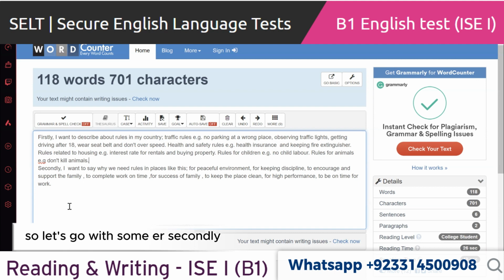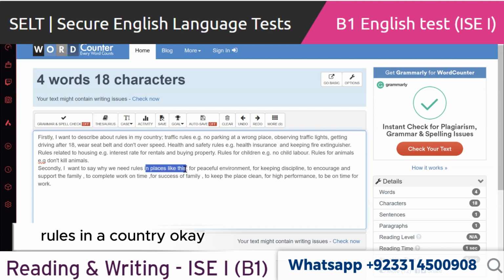Let's go with some. Secondly, I want to say why these rules are needed. Why we need rules in a country.